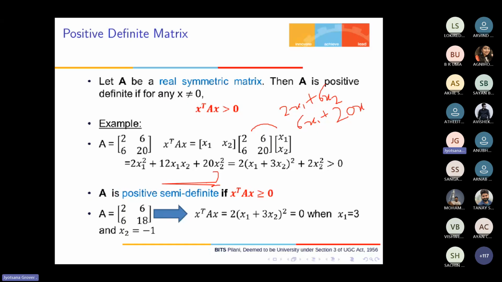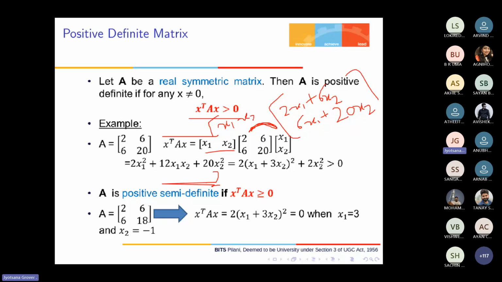Okay. Now this result you get by multiplying these two. Now you have this column vector, and you have to multiply with x1, x2.